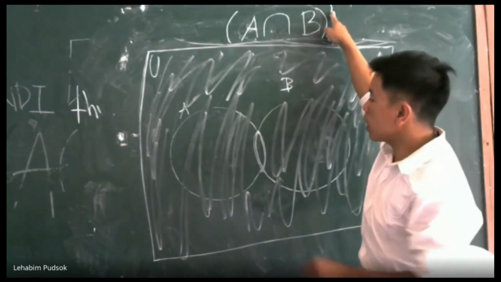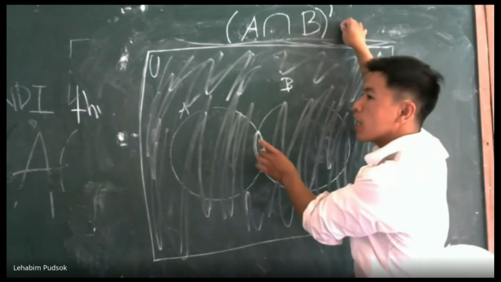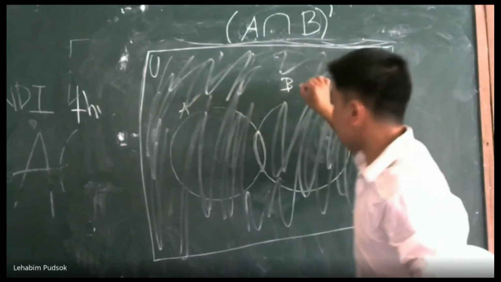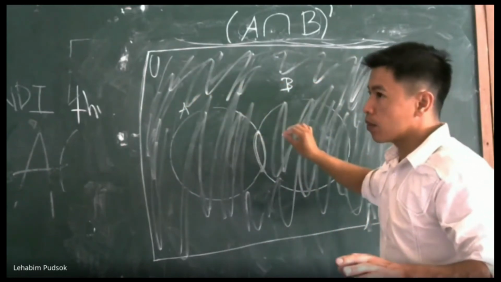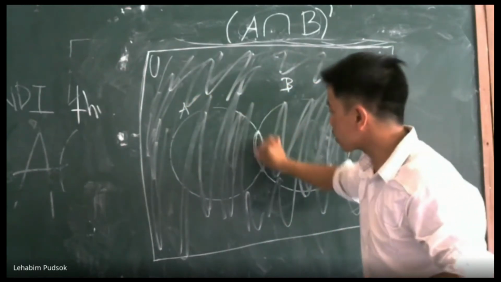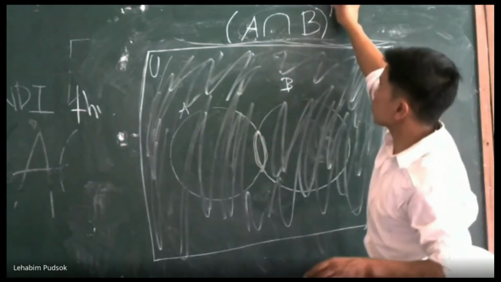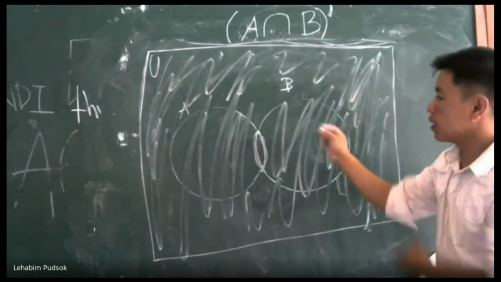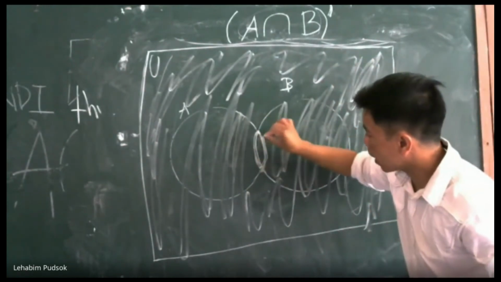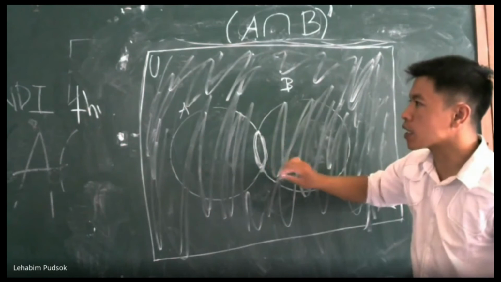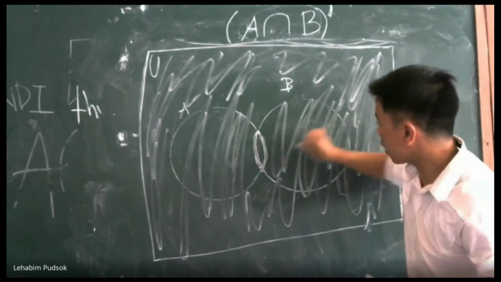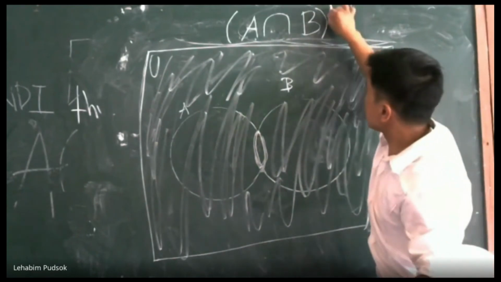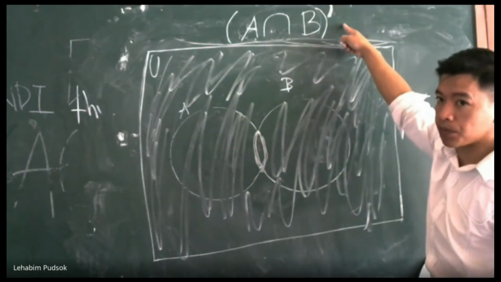As I said, they are the elements that are from A and B, that is not part of them because of the complement. The elements here are different from the elements outside because of the complementing.